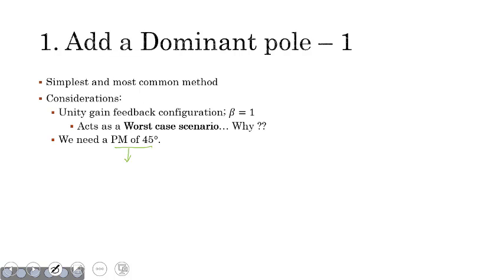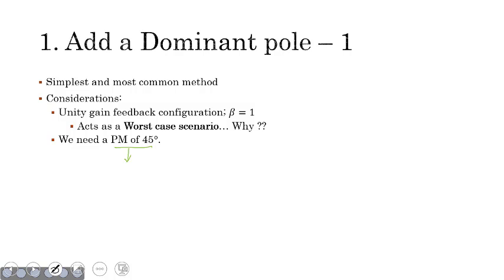The first method, add a dominant pole, is the simplest and the most commonly used method. Now, in order to talk about this method, we are going to have some considerations. The first one is to assume that we have the worst case feedback around the open loop system that we are going to talk about.